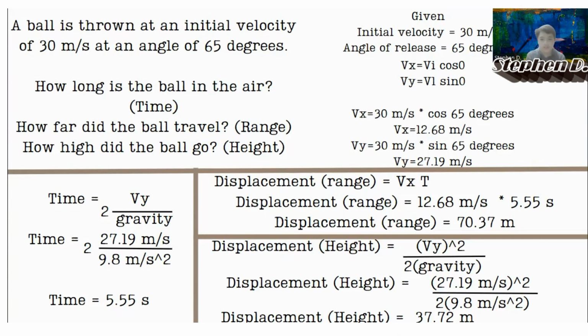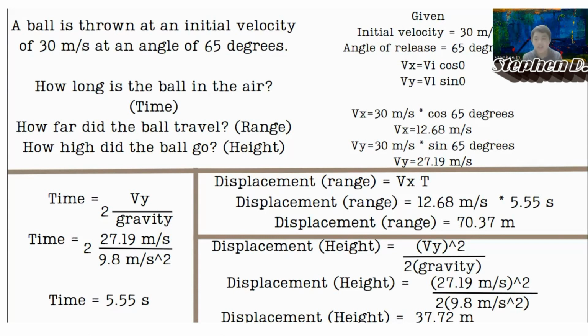Before we solve these three questions, let's see our given. Our initial velocity is 30 meters per second and an angle of release of 65 degrees. Before we can solve, we need to find first the horizontal and vertical velocity, which is v sub x and v sub y.